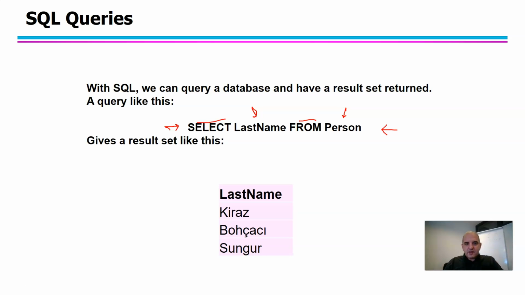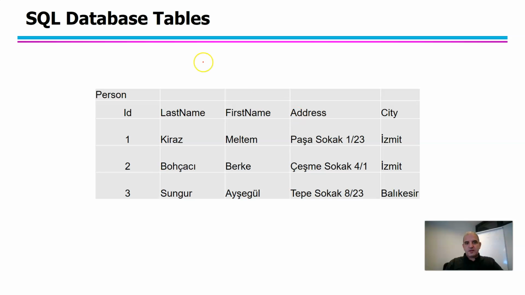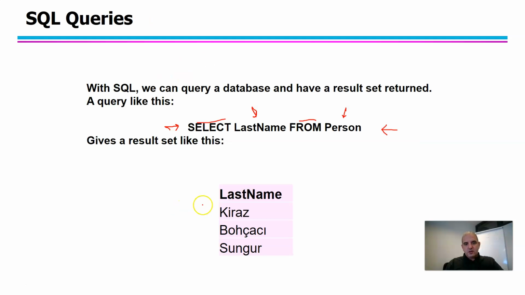This specific command brings the last name column from the person table. That's it. If you take a look at this column here, you can see Kiraz, Bohçacı, and Sungur. SQL may sometimes be very hard and complex, but in basics it is very simple because we use the keywords we know from the English language.